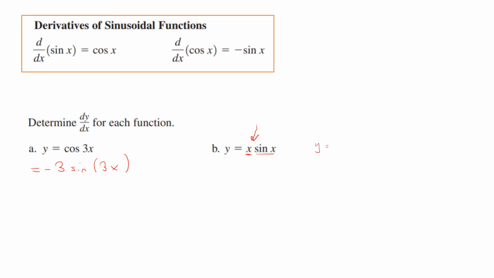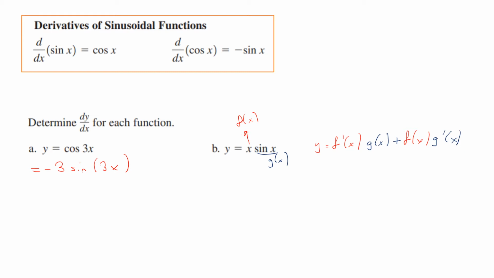Product rule stated: let's say x is f(x), and sine x is g(x). Then the derivative equals the derivative of f(x) first, keeping g(x) the same, plus keeping f(x) the same and taking the derivative of g(x).